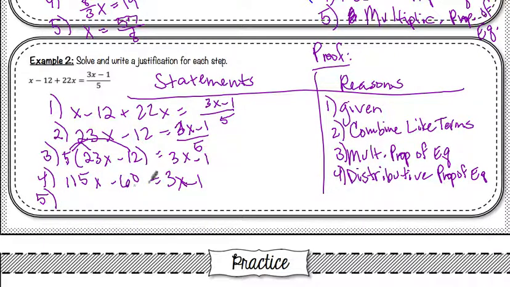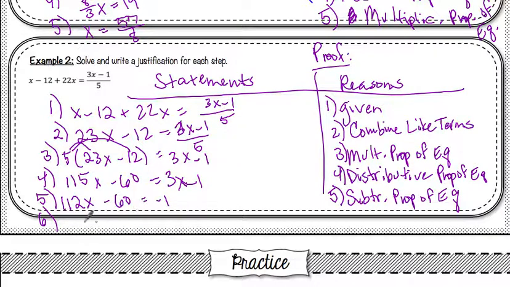After that, I would like to subtract 3x from both sides. That will give me 112x minus 60 equals negative 1. Okay? This is the subtraction property of equality because I subtracted 3x from both sides.